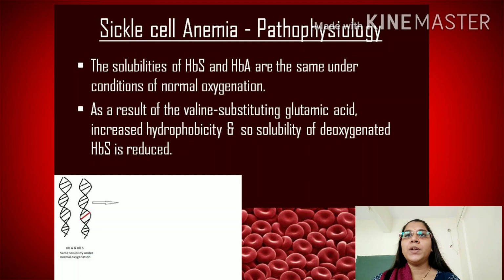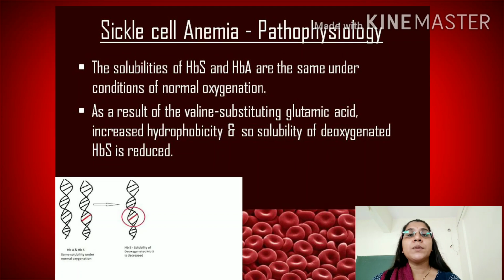Now this sickled hemoglobin has the normal solubility like HbA. HbA means normal hemoglobin. Both have normal solubility in normal oxygenated condition, when there is a proper supply of oxygen. But due to substitution of valine in place of glutamic acid, the hydrophobicity increases, and the solubility of HbS is thus reduced in deoxygenated condition.